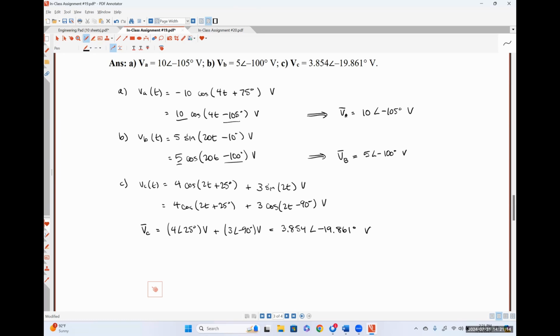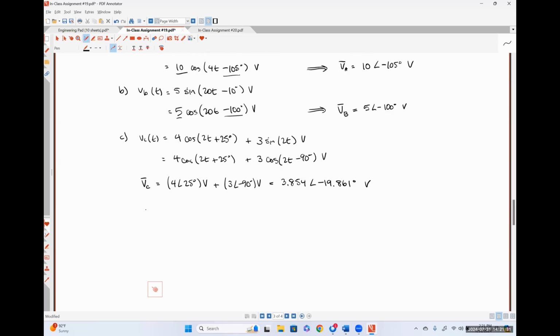This isn't part of the in-class assignment problem, but we can convert from a polar form back into a time domain form very easily, right? So if we wanted VC of t expressed as a single cosine function, we would just take the magnitude, 3.854.